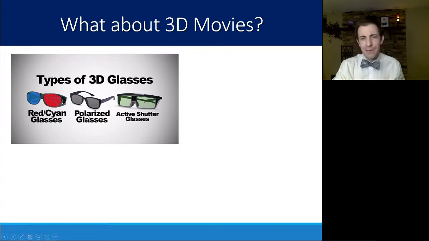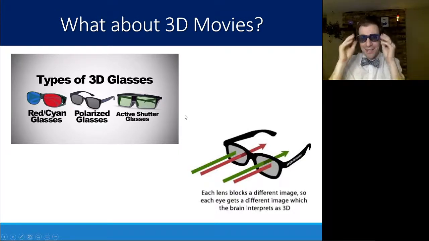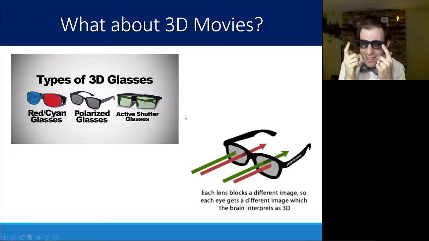This middle one here, these polarized glasses, work so that each eye receives a slightly different image because each lens is polarized in a different direction.